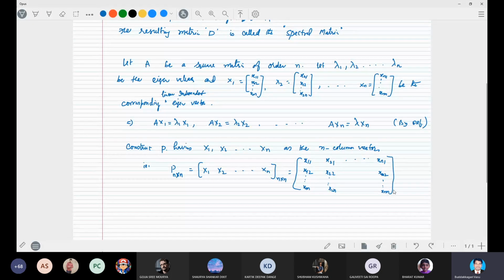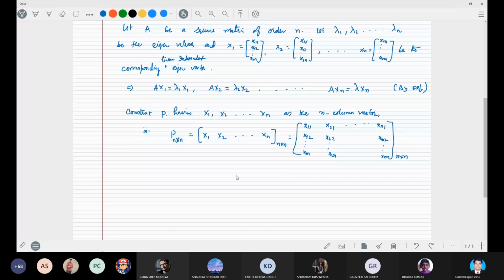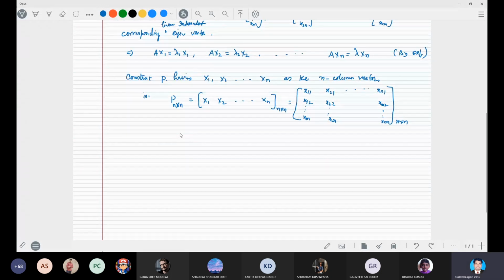Therefore, the matrix P is of order n by n, right? Now D is the diagonal matrix of lambda 1, lambda 2, and so on lambda n.